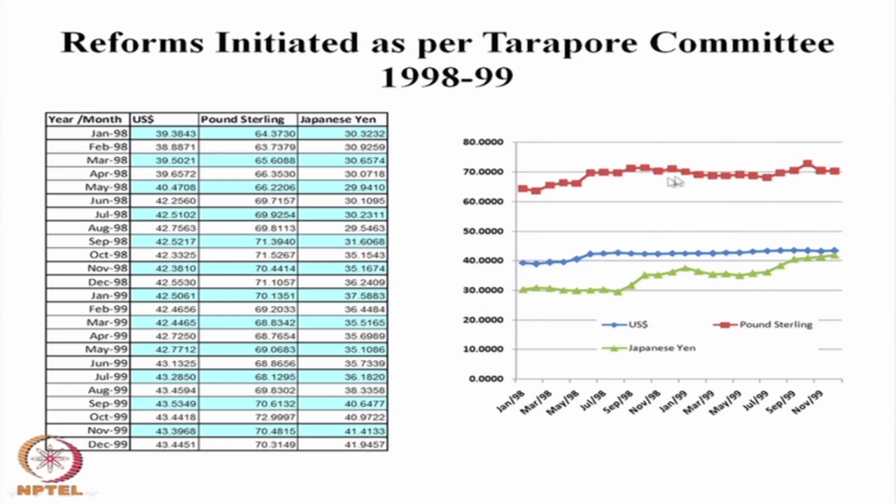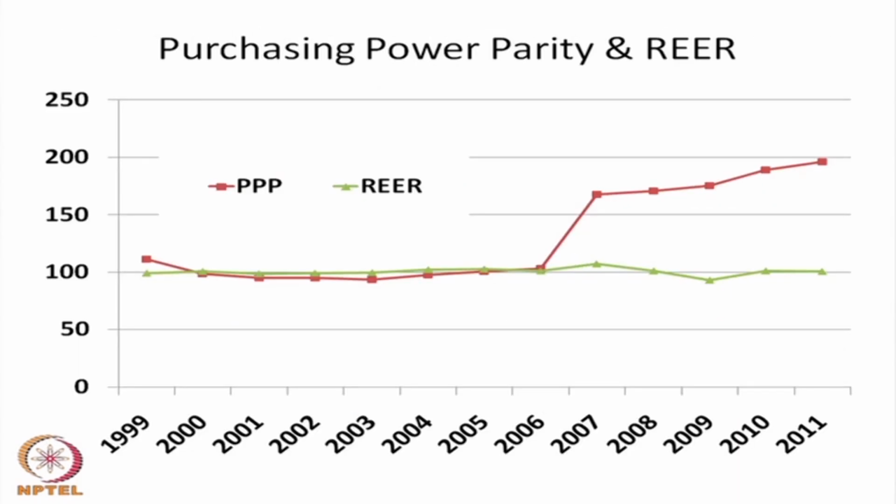The pound sterling remained stable over the years. Similarly, the Indian rupee against the US dollar also remained stable, and to some extent the Japanese yen fluctuated, however not so much as compared to earlier. This indicates that after the Tarapore committee recommendations and the implementation of some of its measures, the rupee against major foreign currencies remained stable over the years.